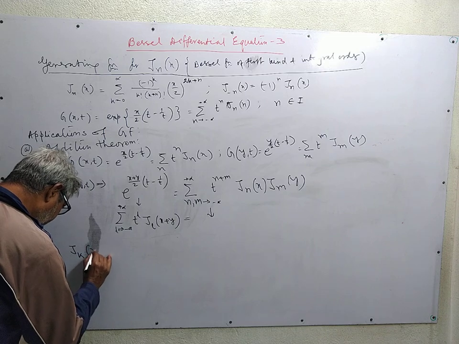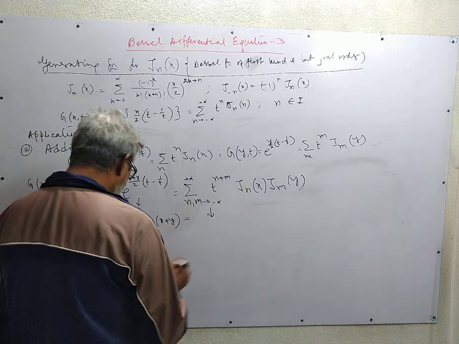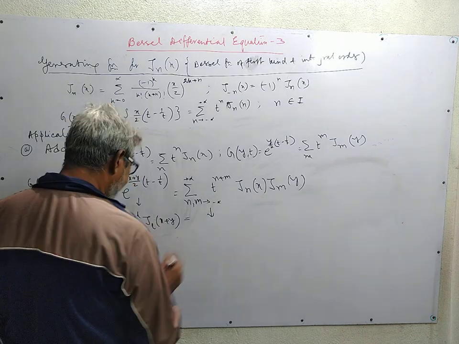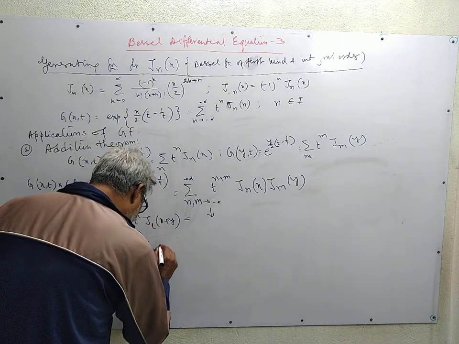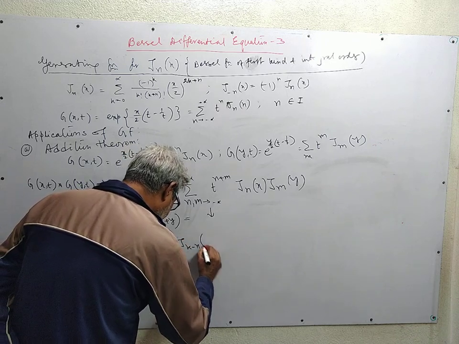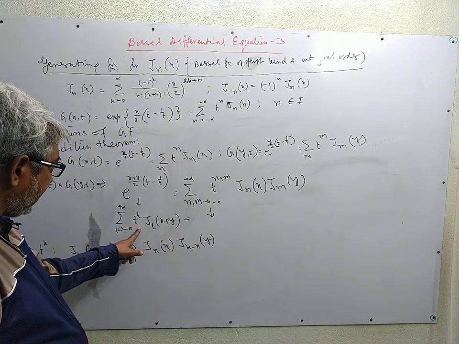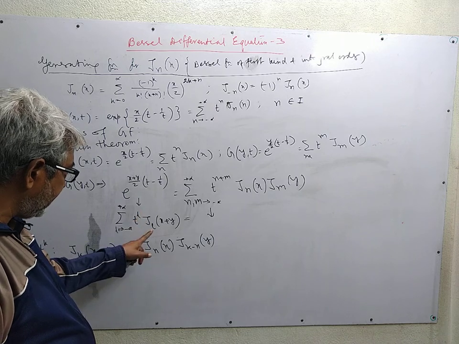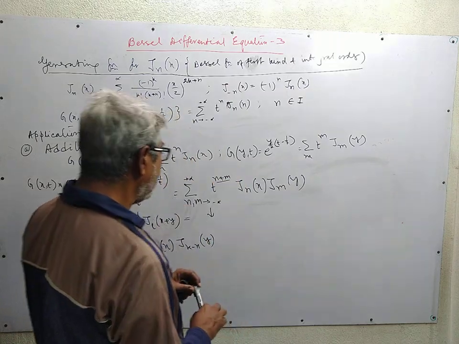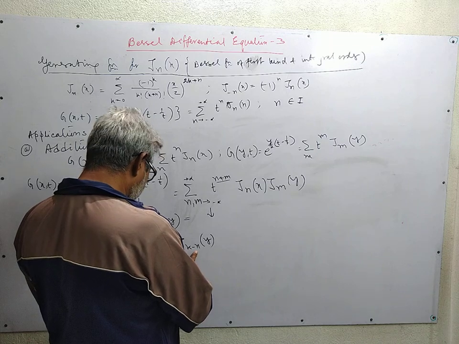J_k(x+y) equal to, from the right-hand side, a sum over n of J_n(x) J_{k-n}(y), because the t^k from the left-hand side comes when L is equal to k, and on the right-hand side n plus m is equal to k, so the sum of the orders must be the same.